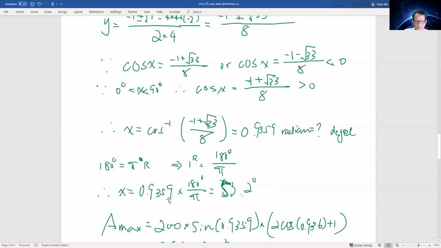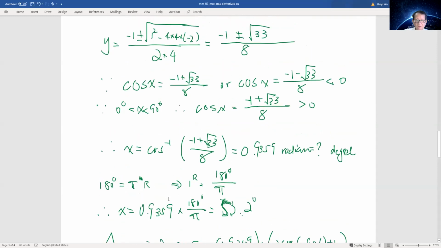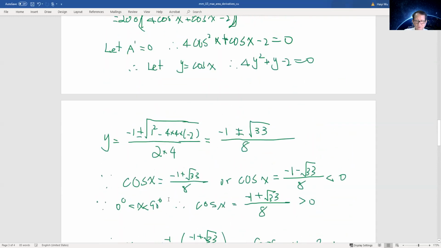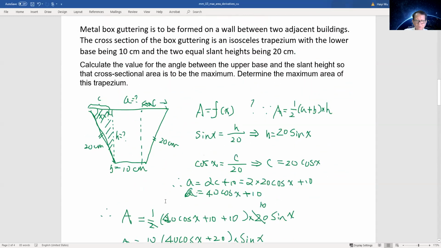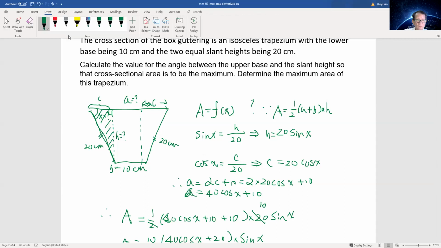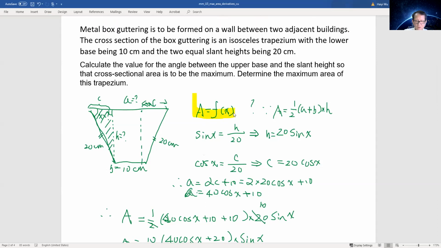Thank you for watching. Hopefully you have got some information on how to solve maximum area problems using derivatives. To summarize, when you solve for the area, you must establish a relationship between the area and the angle.